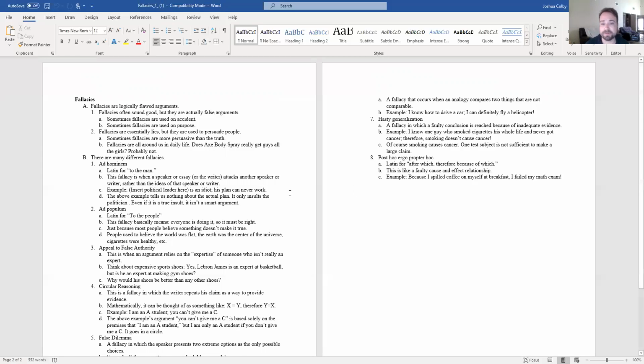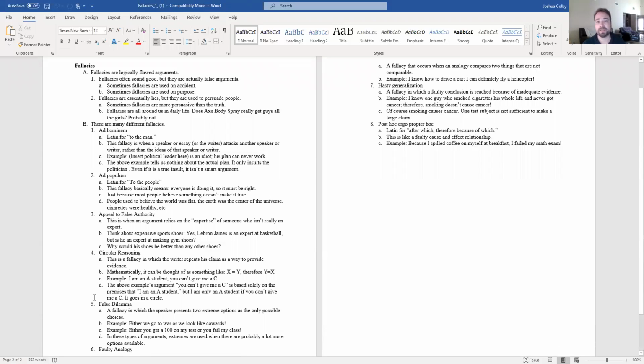It is entirely possible, for example, with something like a false dilemma, that explaining the very large concept an author's talking about to an audience might not really be possible, but shrinking it down into an easy, you either do this or you do that, well, I can read that in 30 seconds while I'm drinking my coffee in the morning, scanning the news, and the author might persuade me that way. So that's the idea.